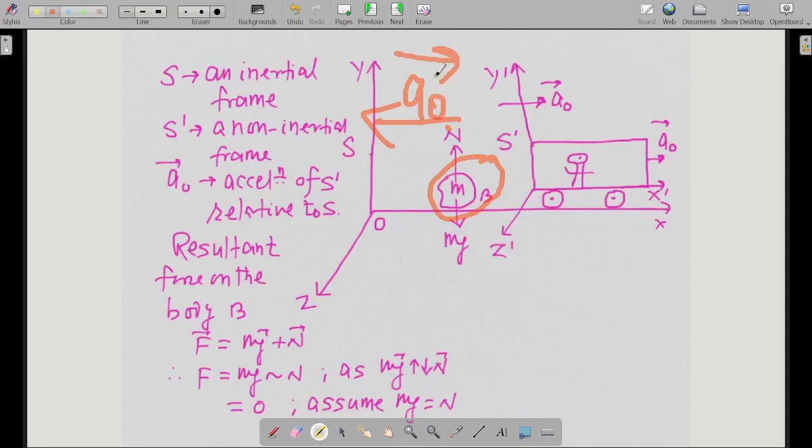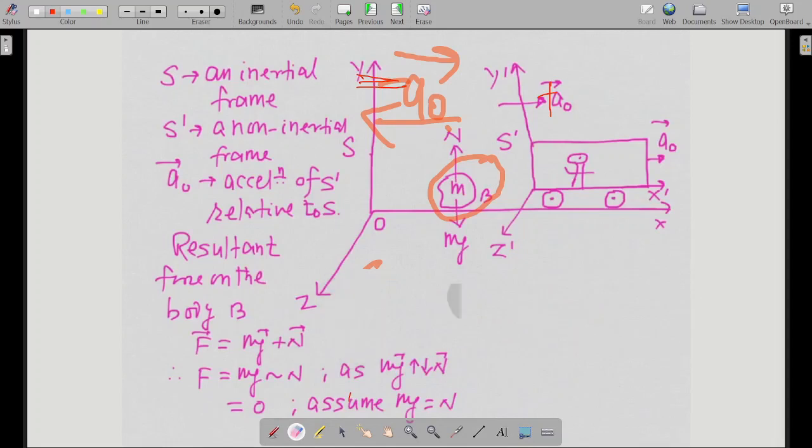So eventually the force will be equal to minus m a naught vector. The sign was positive over here, and it has turned out to be negative.